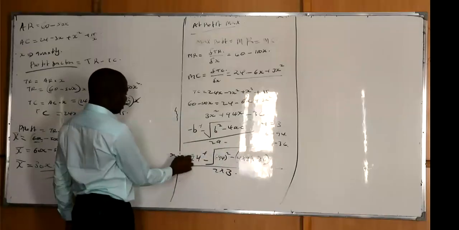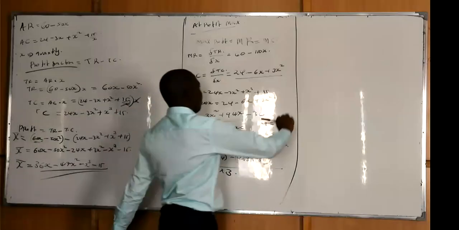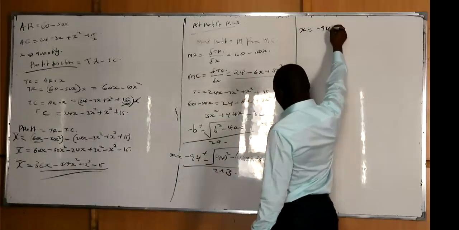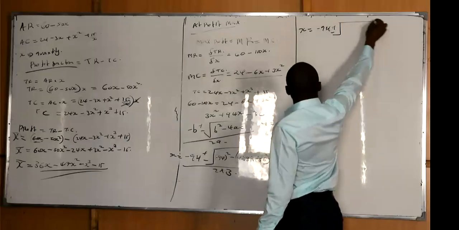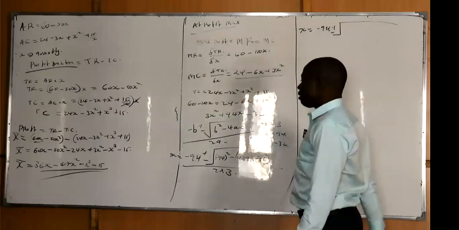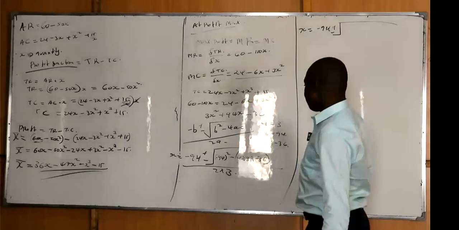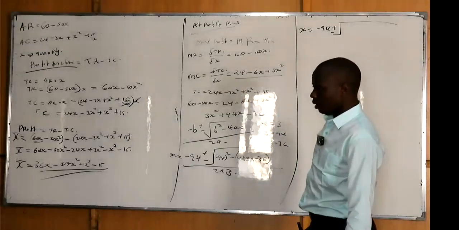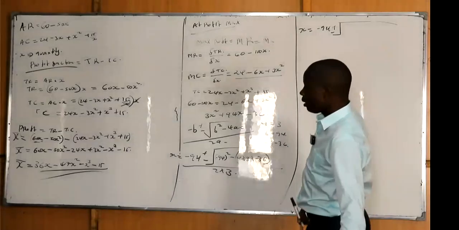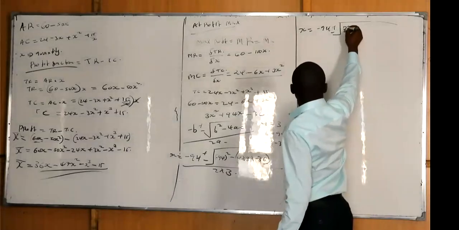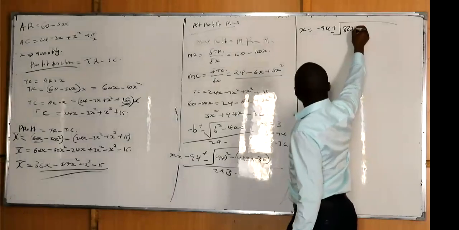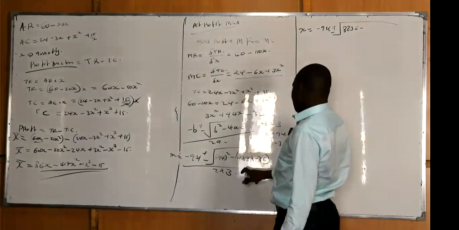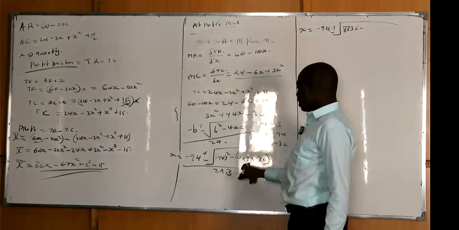So here x is equal to negative 94 plus or minus, calculator people, 94 squared, you get 8836, minus, take 4 times 3, you get 12.